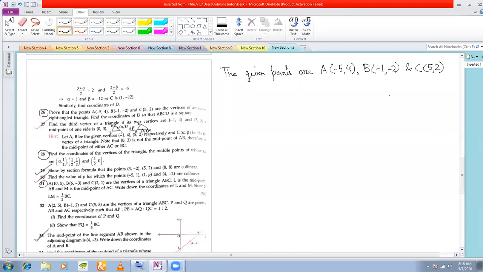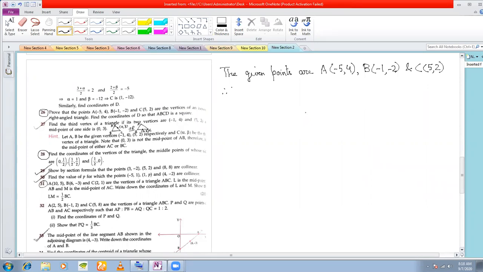I have two other vertices of an isosceles right angle triangle. So these are the points that are given. Now in order to establish whether it is an isosceles right angle triangle, you find out the distances, like the distance AB. I'm not drawing the diagram here because I don't know at which vertex your right angle will be.